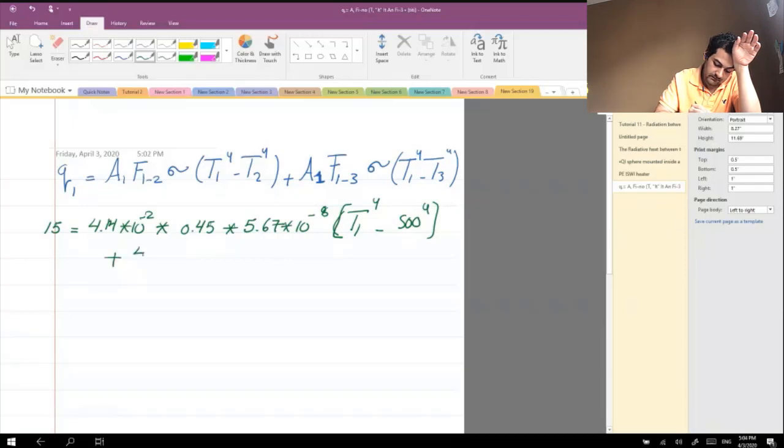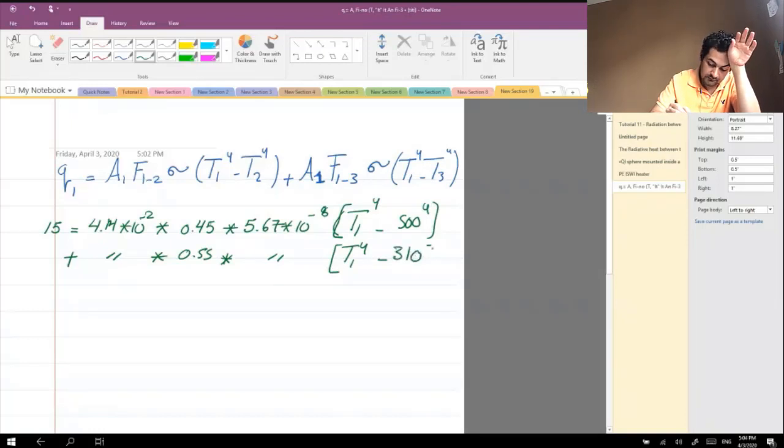Plus, area is the same, the view factor F13 was 0.55, and sigma is the same. T1 to the power 4 minus T surrounding, which is 310 K to the power 4.